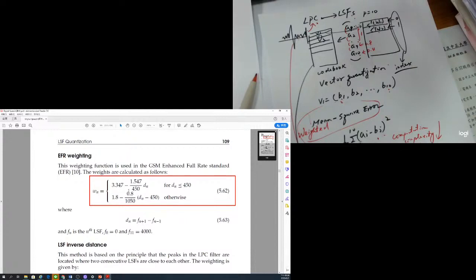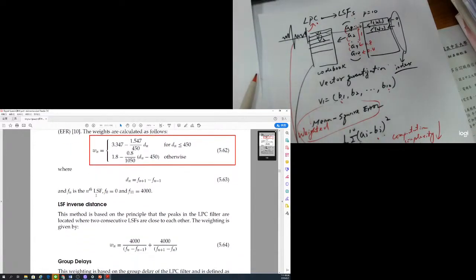So almost like at low frequency we use a high weighting value, at high frequency a different value. If the space is bigger, we give them the low value. With a small space, because neighboring frequencies are close, we give them a high weighting value.